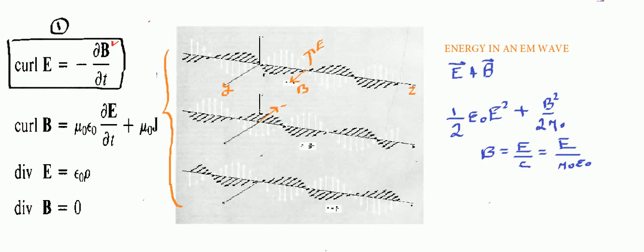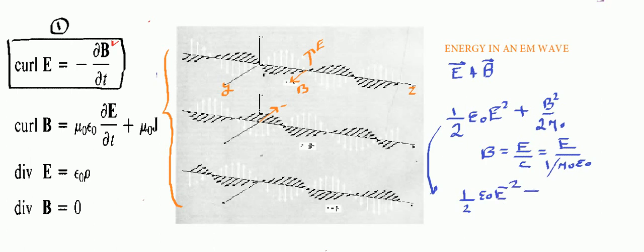Agreed? So you can write this energy term as half epsilon naught E square. Okay, this is the energy density.